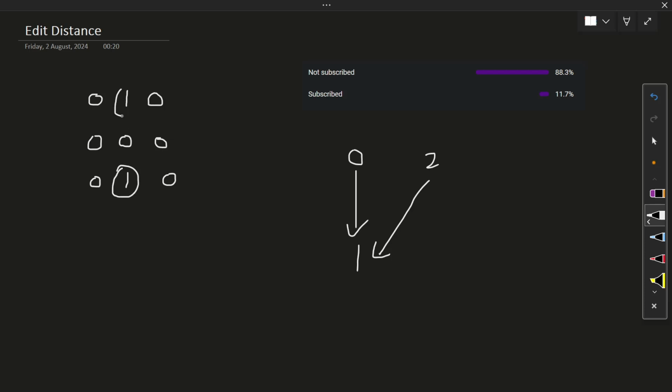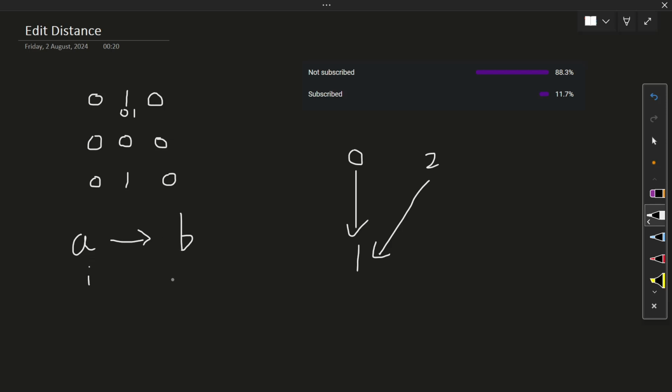Ones mean there is an edge, and this is known as an adjacency matrix in graph. So we have an edge from 0 to 2. How do we find it? If the cell value is 1, it means there is an edge from A to B.